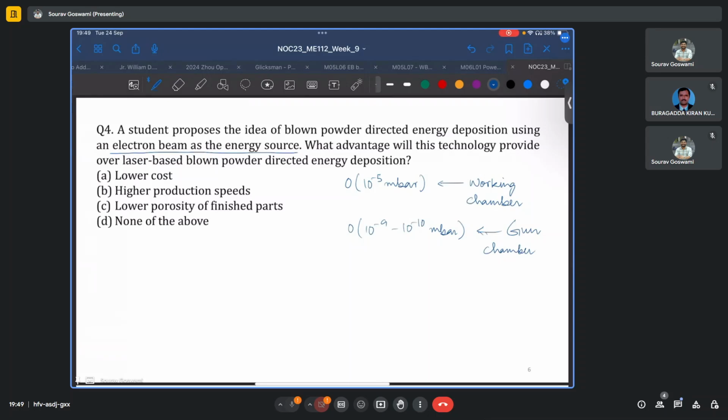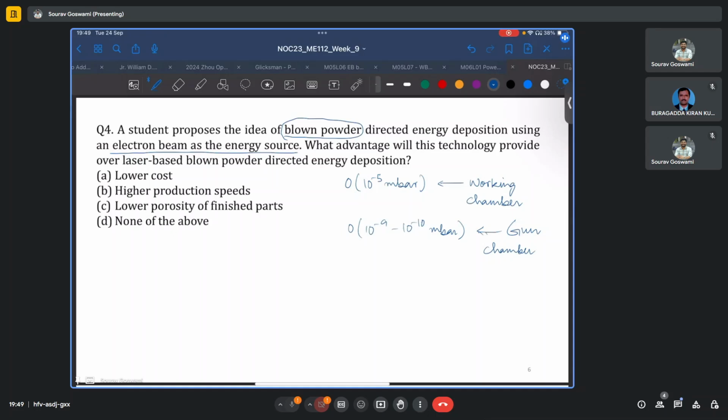And whenever we bring this blown powder concept into the picture, blown powder implying that the powder will be carried using some carrier gas. It may be argon or nitrogen or any other inert gas. The ingress of this gas will lead to loss of the vacuum.